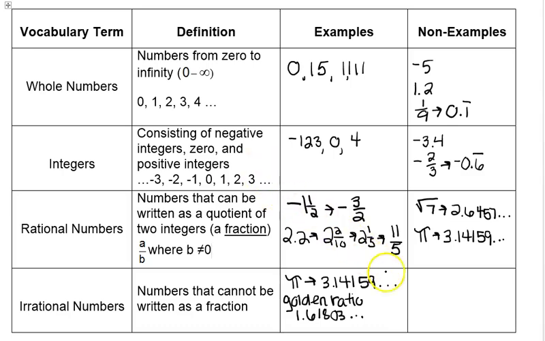Some non-examples would be all those rational numbers, integers, and whole numbers we talked about, because all of those can be written as fractions. So for instance, -4/5, that already is a quotient of 2 integers. It's a rational number, so it's a non-example. Or -5.25.